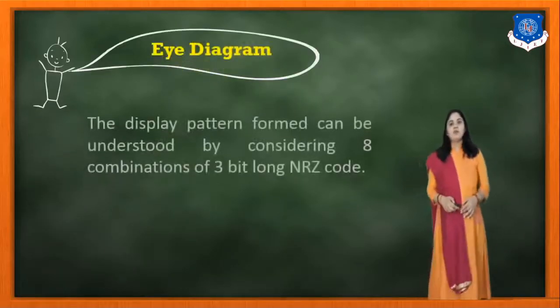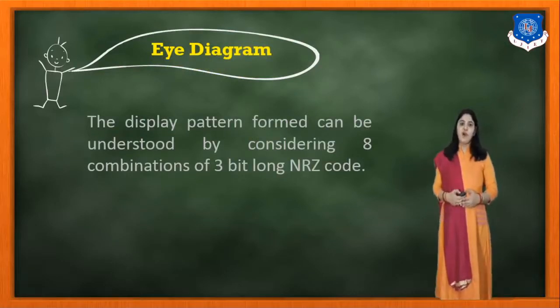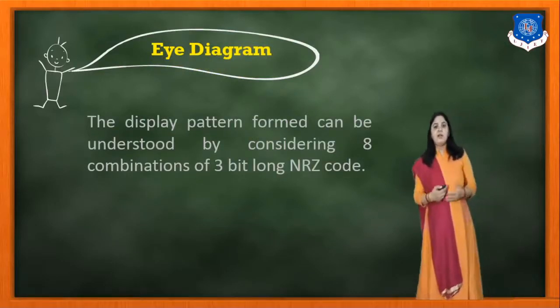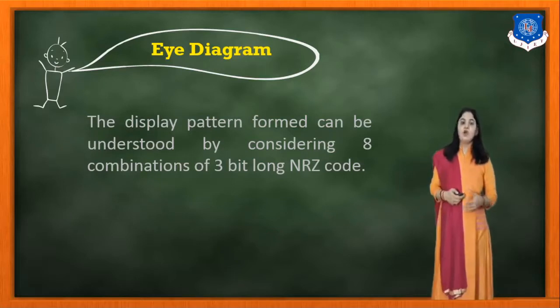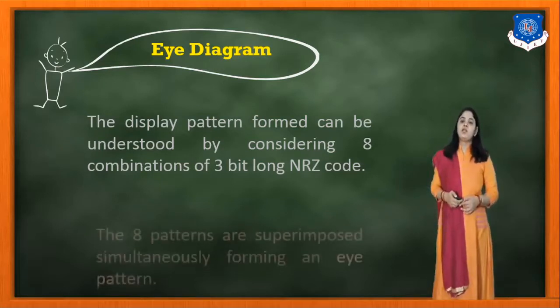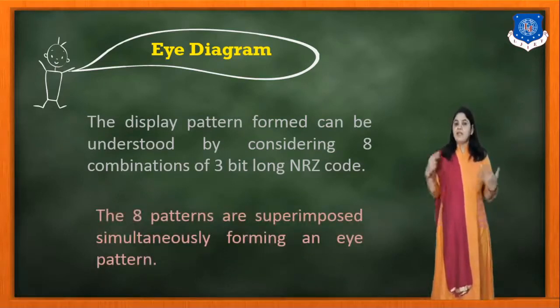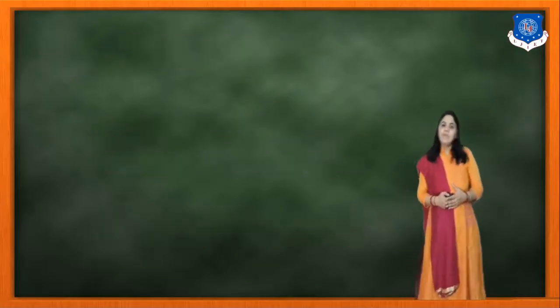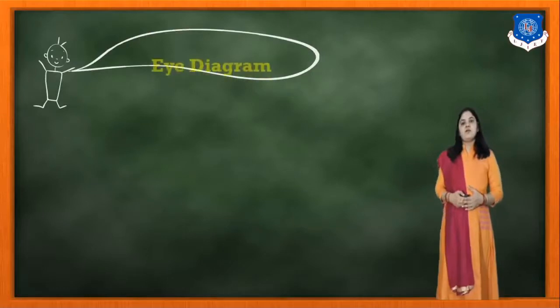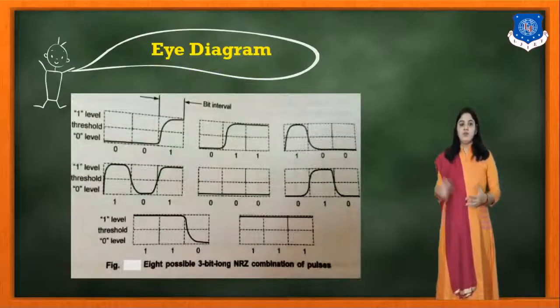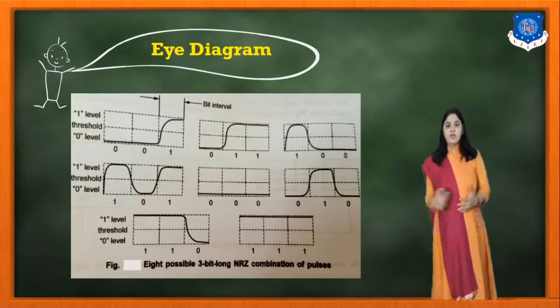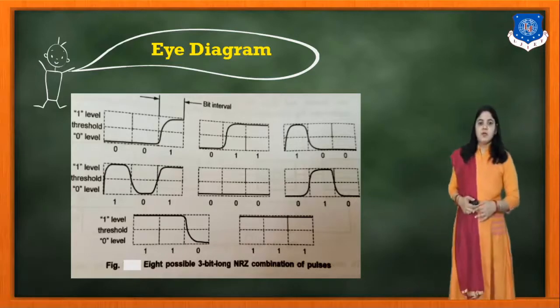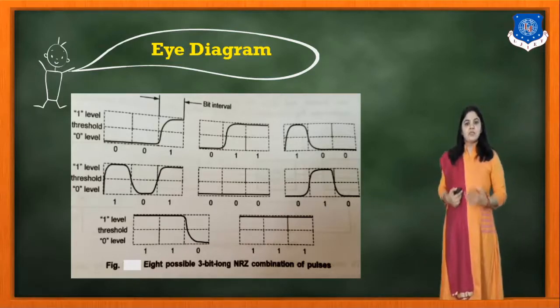Now the display pattern that is formed can be understood by considering the 8 combinations of the 3-bit long NRZ pattern, which are superimposed simultaneously forming an eye pattern. In the diagram you will see the 8 possible 3-bit long NRZ combinations.